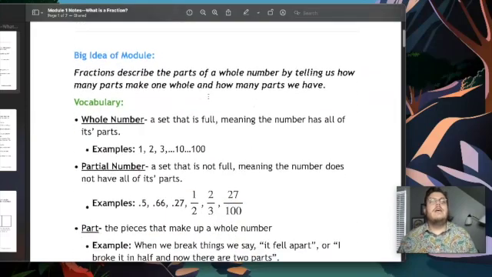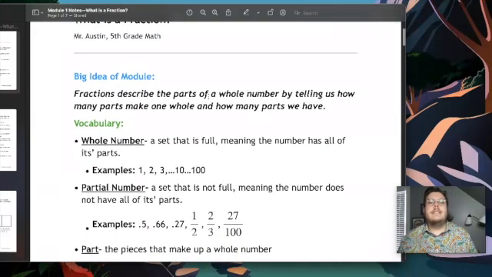Our big idea of this module is that fractions describe parts of a whole number by telling us how many parts make one whole and how many parts we have. When we think about numbers and what they mean, we usually are thinking about their value. We're thinking about how much they are worth.